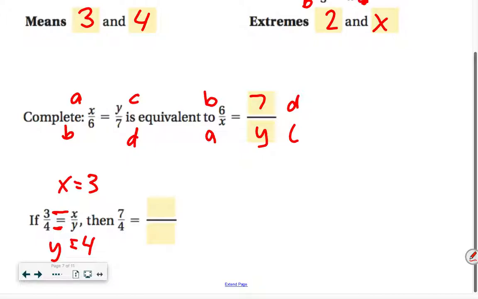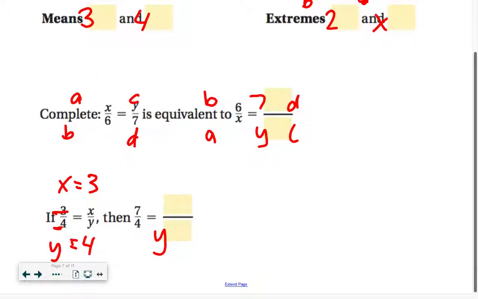So the one after it would be 7 over Y? Close. Our 4 doesn't change, right? So I know that 4 is which variable? Y. What do you notice about the 7 in comparison to 3 and 4? It's different. Can I get 7 with a combination of 3 and 4?